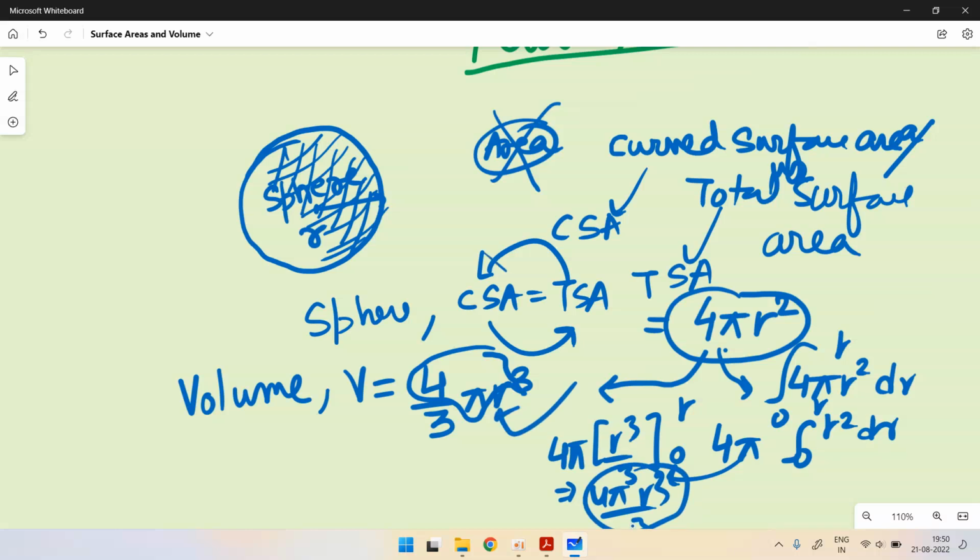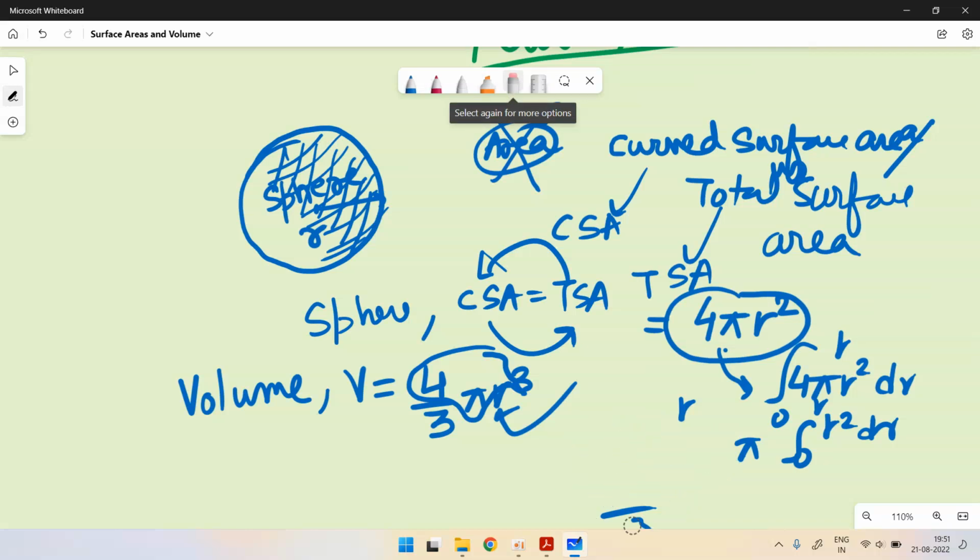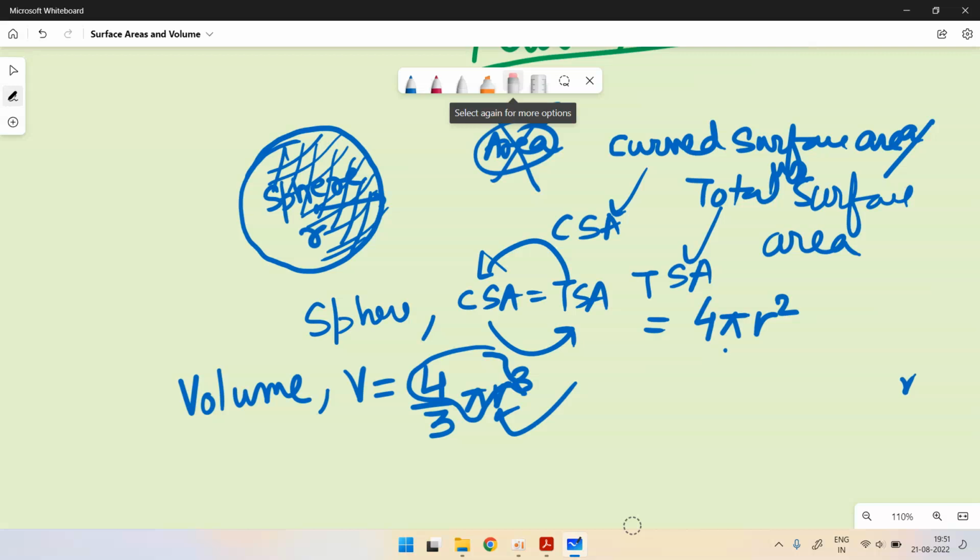You don't need to go into so much detail. Just remember 4 by 3 pi r cube is the volume of the sphere.